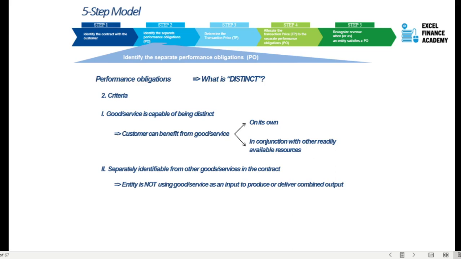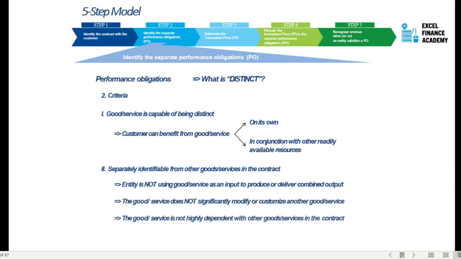Otherwise, it will be combined, not a separate distinct performance obligation. Also, the goods and services are not significantly modifying the customer's other goods and services, and the services are not highly dependent on the other services in the contract. If that is the case, then it will be combined. Otherwise, it will be considered a separate distinct performance obligation.